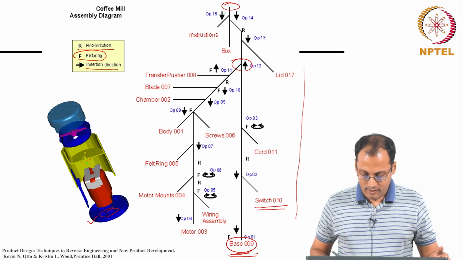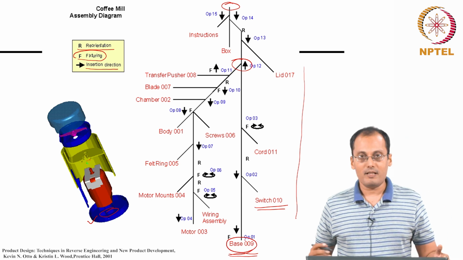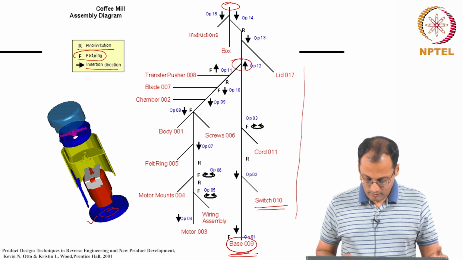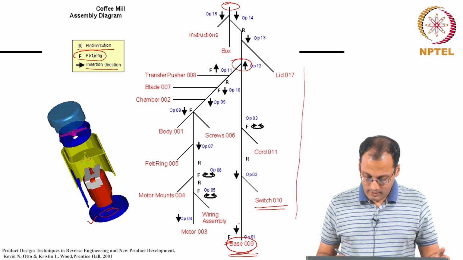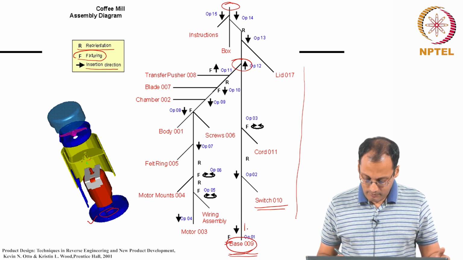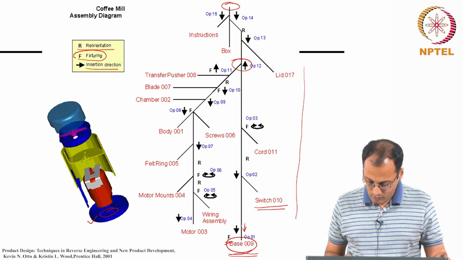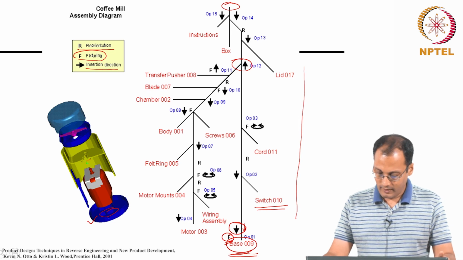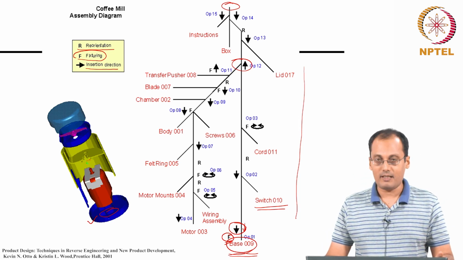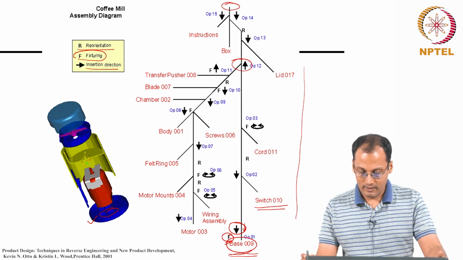So, the base when it is brought in first needs a fixture. So, fixturing is mentioned and it is kept in the fixture from the top down approach. So, you see the requirement for fixturing and the assembly operation, that is the insertion direction in this chart.